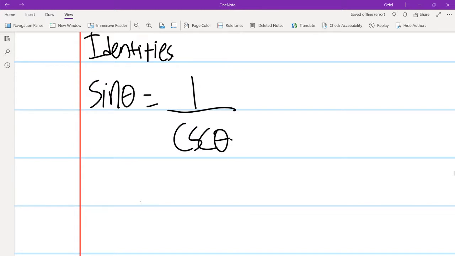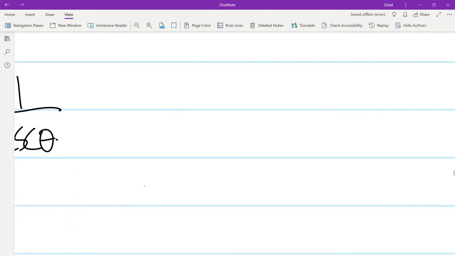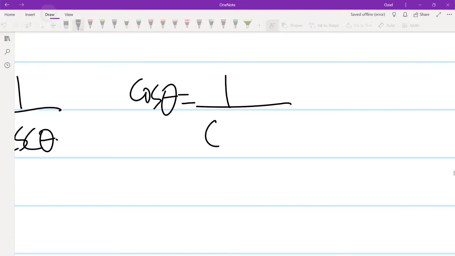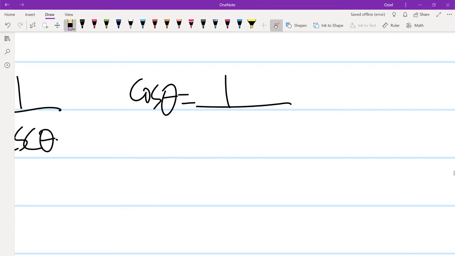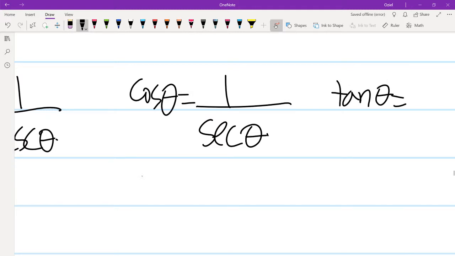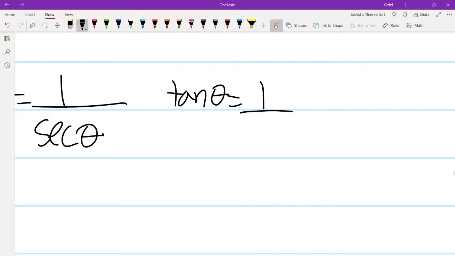And then after that we have cosine of theta equals 1 over secant of theta, and then we have tangent of theta equals 1 over cotangent theta.